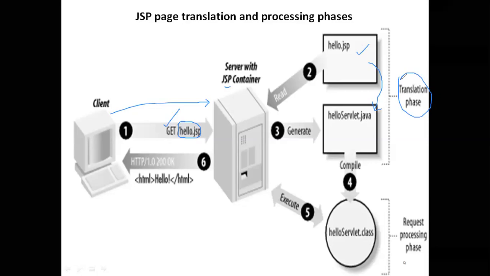You don't have to worry about it because it is done by the Tomcat server where your JSP container is available. Once the servlet is available, it is compiled to a javac file and then the .class file. This .class file gets executed, and the corresponding HTTP response is given back to the client. So this is the complete flow of how the JSP page translation is done during the translation phase.